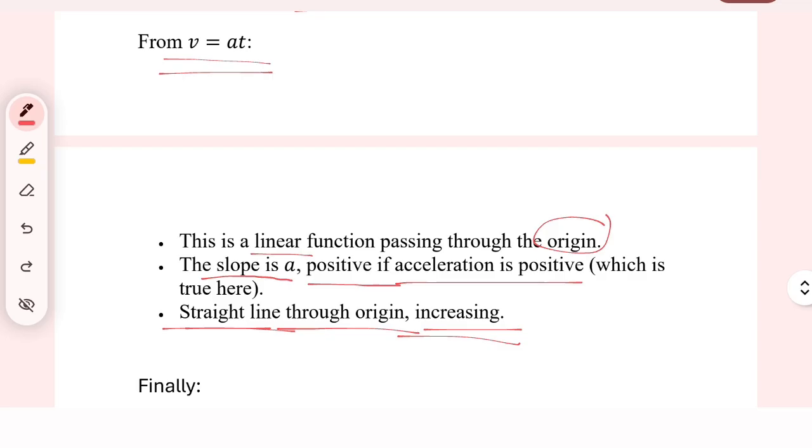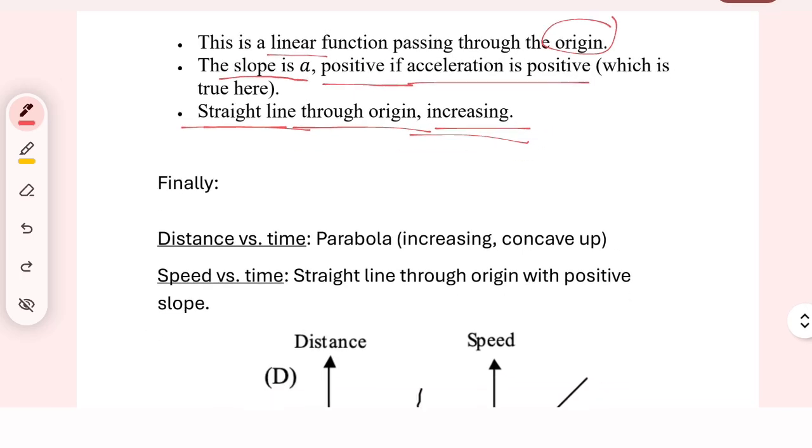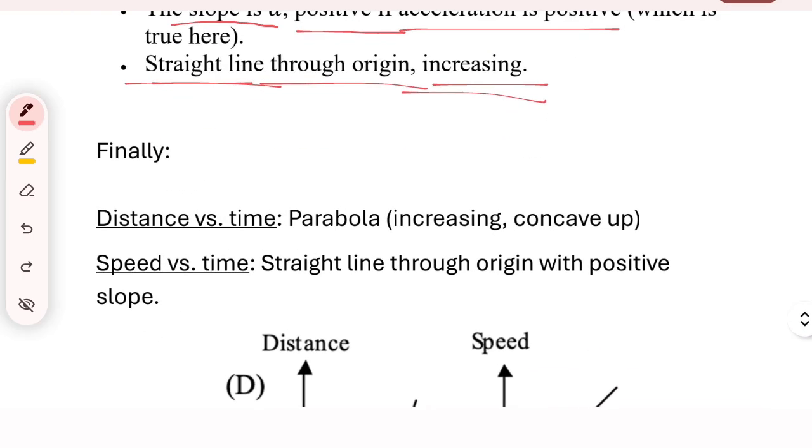Let's go back again to the choices. Finally, the distance versus time must be a parabola, increasing, concave up. And the speed versus time must be a straight line that passes through the origin with a positive slope.